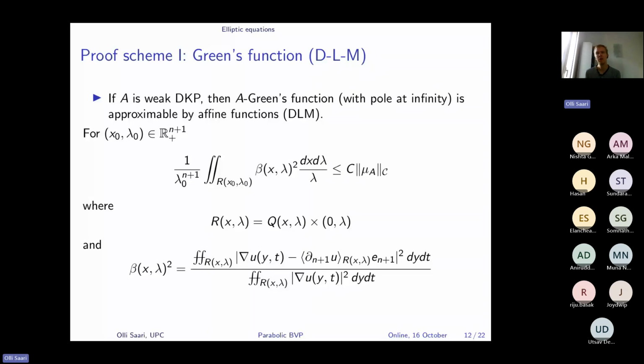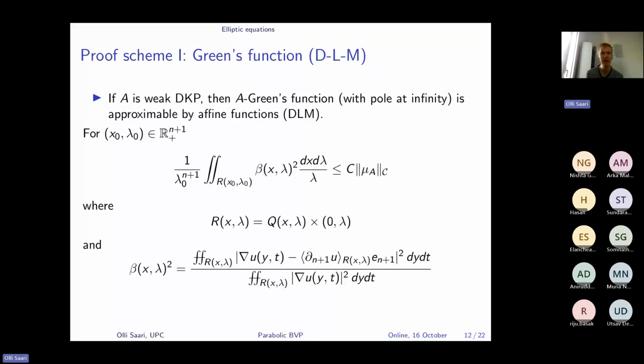So you would like to say that the gradient is first of all close to constant, meaning that we are comparing it to a mean value. But secondly, we would like to say that it points in the vertical direction. So we are asking how much it differs from a constant times e_n plus 1. Okay, so this is the beta quantity.